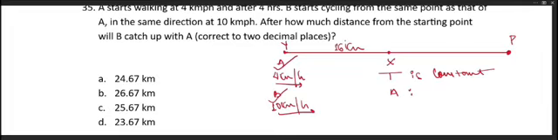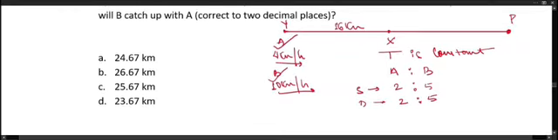So the ratio of A to B will be 4:10. This is the ratio of speed, that is 2:5, and the distance will be 2:5.